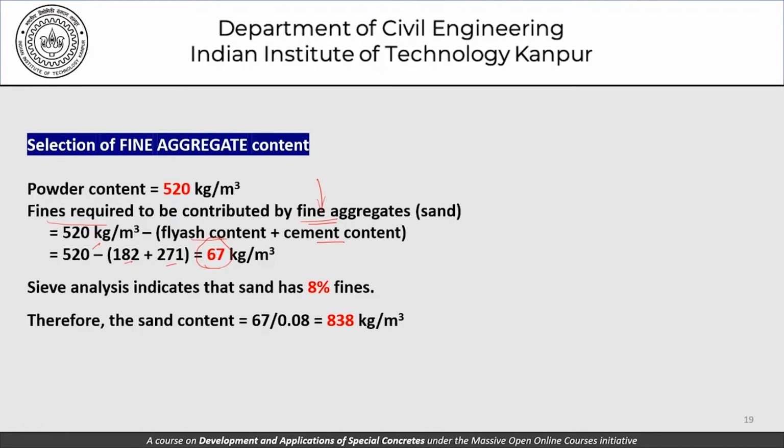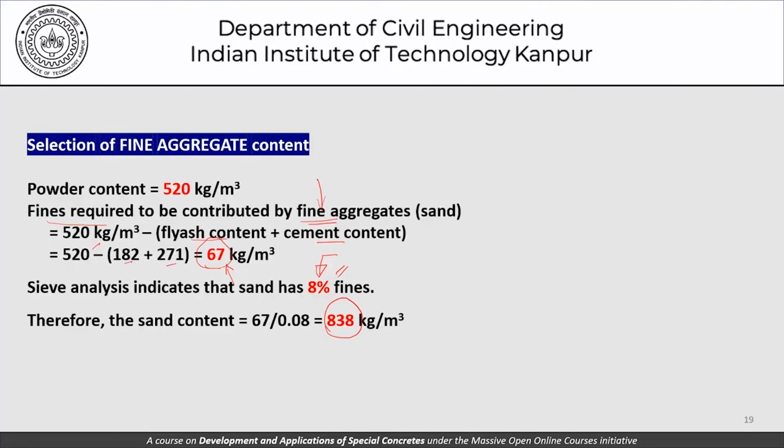Now the information that we have about the sieve analysis tells us that the sand has only 8% fines. Now in order to get 67 kgs of fines from a material which has 8% of fines, we need the sand content to be 838 kgs.